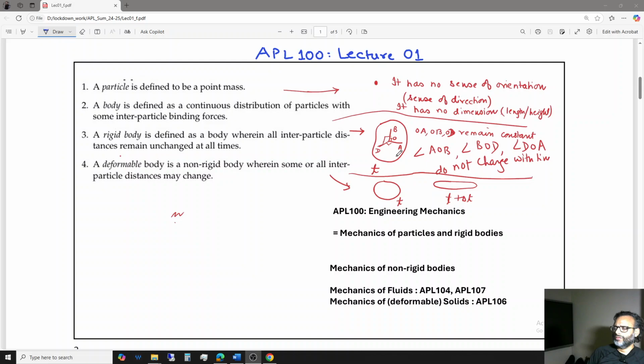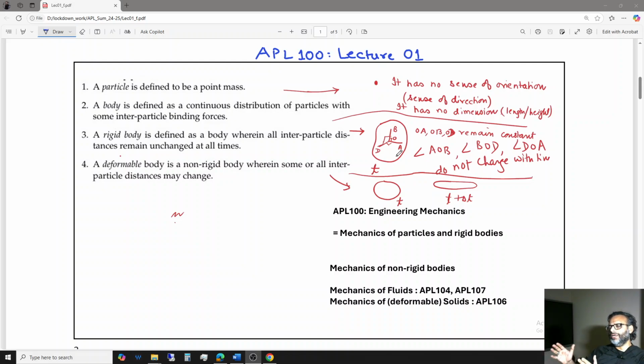If the body is rigid, you would observe that the distance between OA, distance between OB and distance between OD will remain unchanged. I am not saying distance between OA is same as distance between OB, no. But whatever is the distance between O and A will remain unchanged at all times.